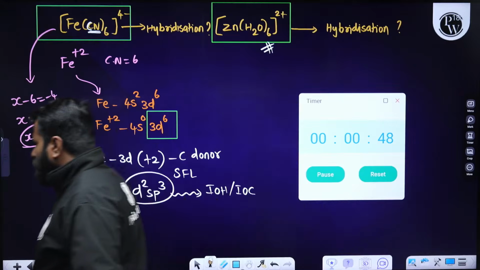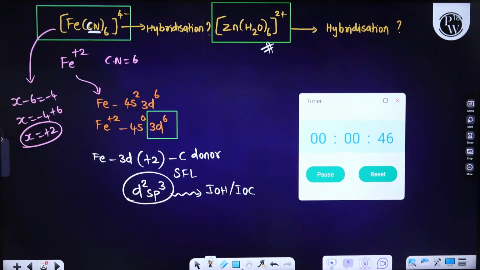Quickly solve and let me know the answer. Quick, quick, quick. Yes.